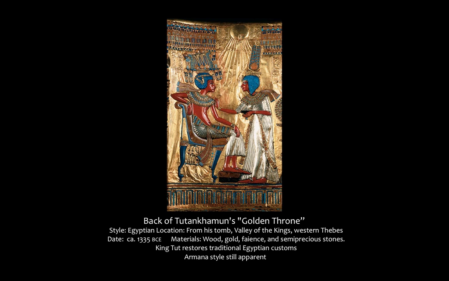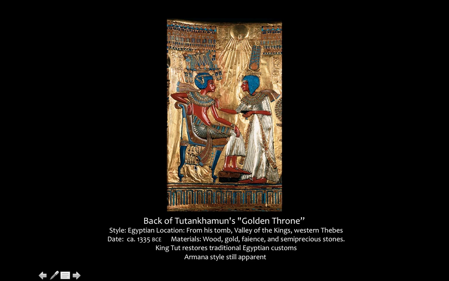This is the back of King Tut's golden throne. So you can see here, after Akhenaten, for a while, they followed this monotheistic religion for a little while, but then they go right back to their polytheistic religion.